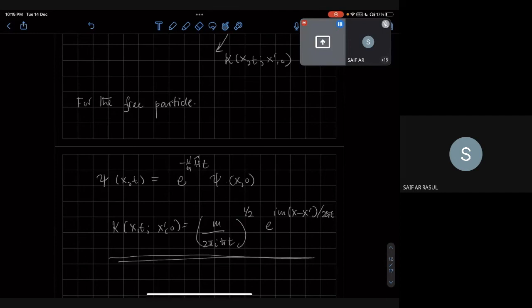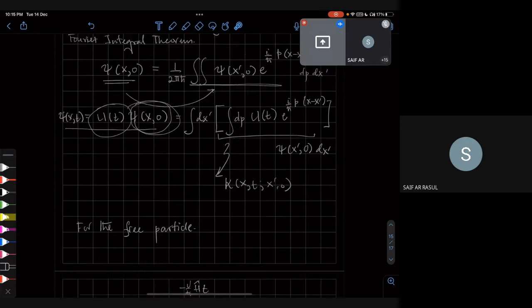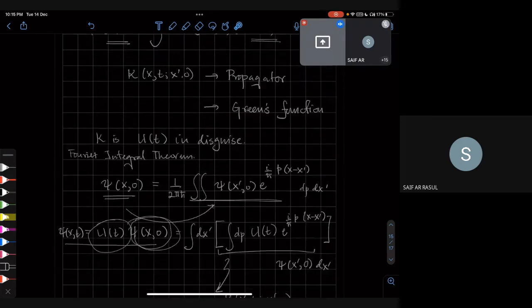Then once this goes inside the integral, for a free particle, we know what the form of this thing is.